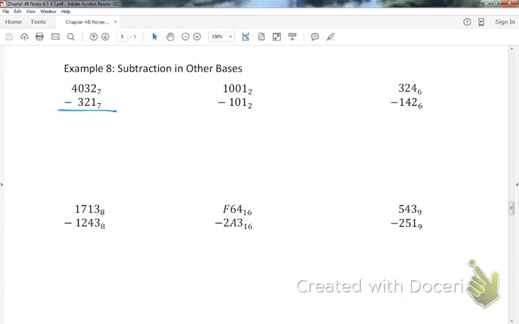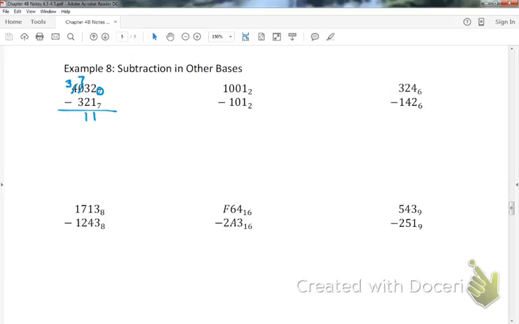Okay, so if we're looking at this example in base 7, starts out, I don't have to borrow. 2 minus 1, just 1. 3 minus 2, just 1. Now I have 0 minus 3, and I can't do that subtraction, so I'm borrowing. So the 4 becomes a 3. The 0 in this case becomes a 7, because that's the base I'm working in.